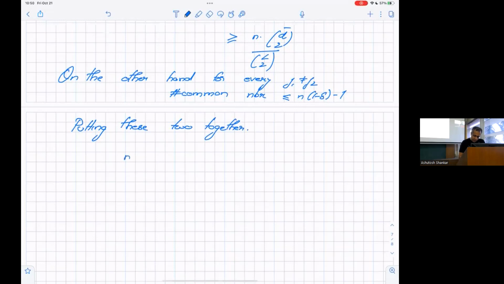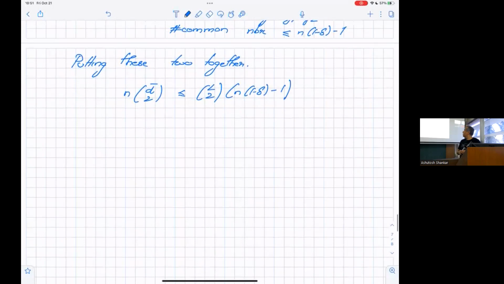We're going to get that n times d bar 15 is less than or equal to L choose 2 times n into 1 minus delta. Let's open this up.